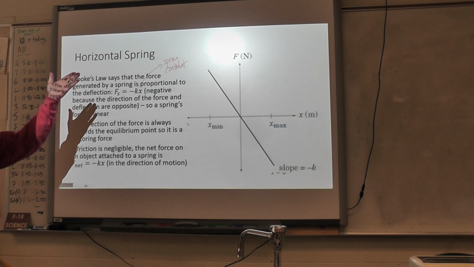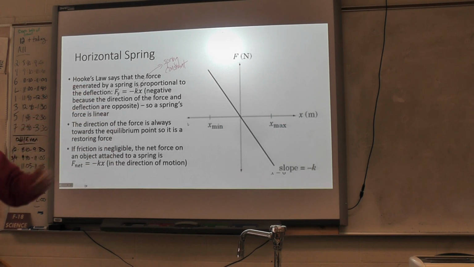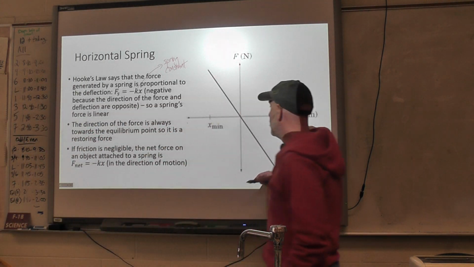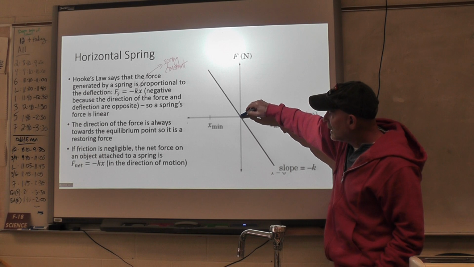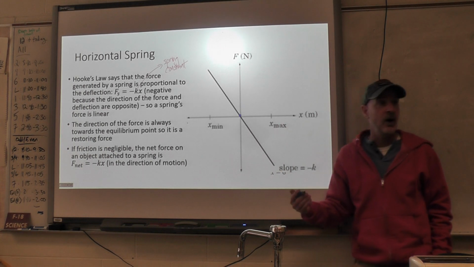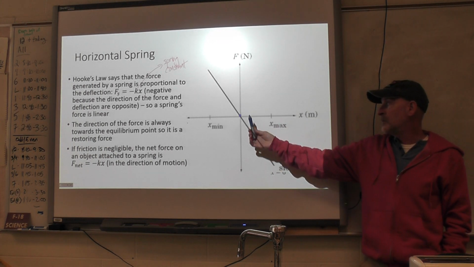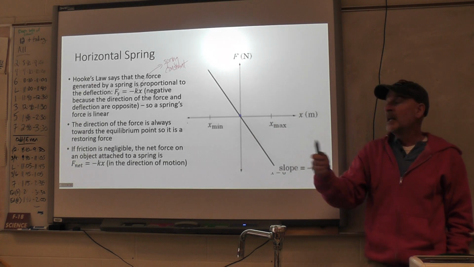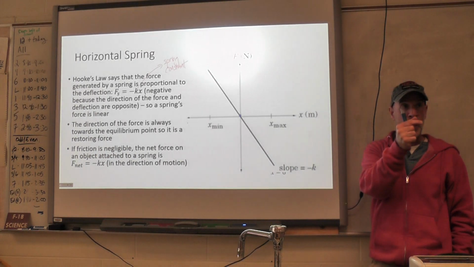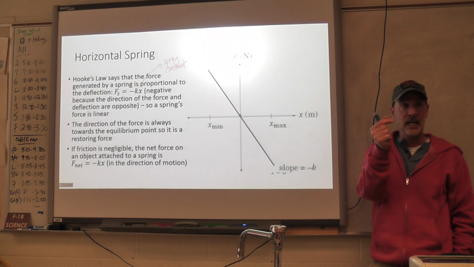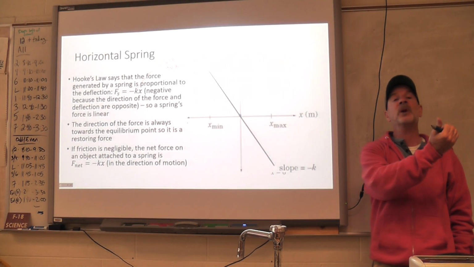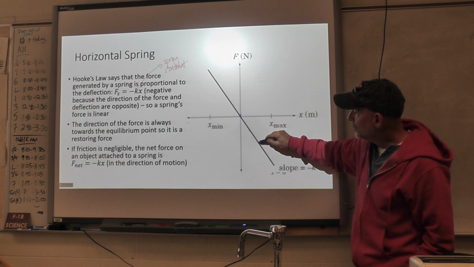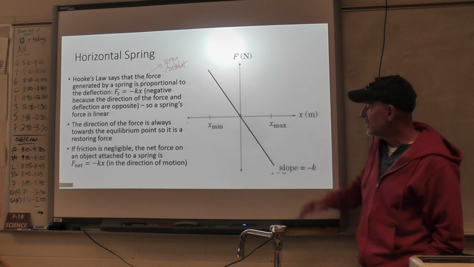And this is what the graph of force versus position looks like. If the object is not pushing or pulling on the spring at all, there's a force of 0 newtons. If we say this direction is the positive direction, then if we pull the object in the positive direction and stretch the spring, it will pull back in the negative direction. And the amount that it pulls will increase linearly with distance.